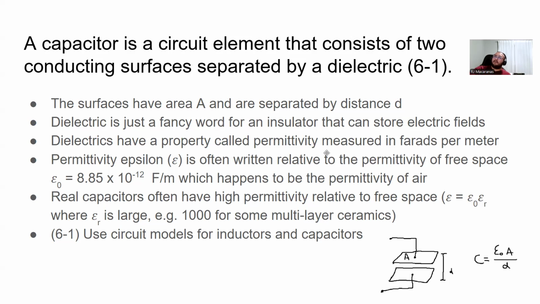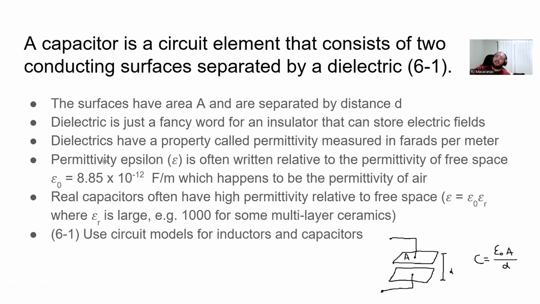And so dielectrics have this property called permittivity, and that's measured in farads per meter, where we usually define the permittivity in terms of the permittivity of free space. So this is epsilon naught, and this is 8.85 times 10 to the minus 12 farads per meter.